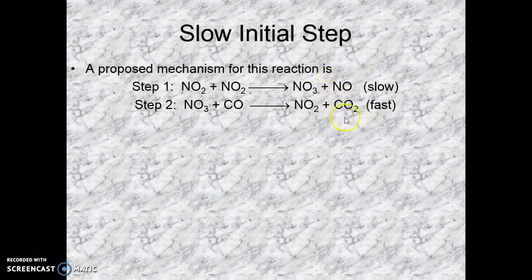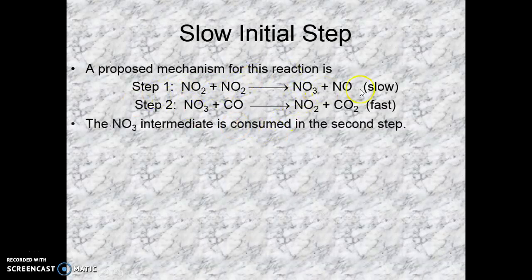In the second step, we create the other product. But the first step happens more slowly. So the rate of this reaction is dependent only on how fast these two things can react with each other. It's irrelevant how fast the second reaction happens because apparently that step happens faster than this step does. So the rate is only dependent on the slowest step.